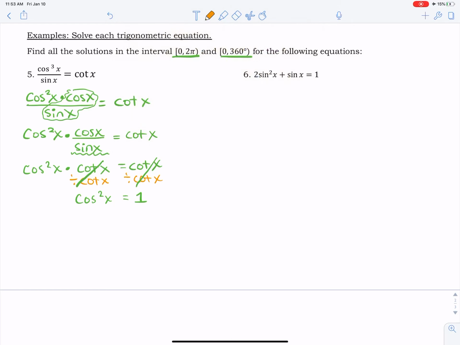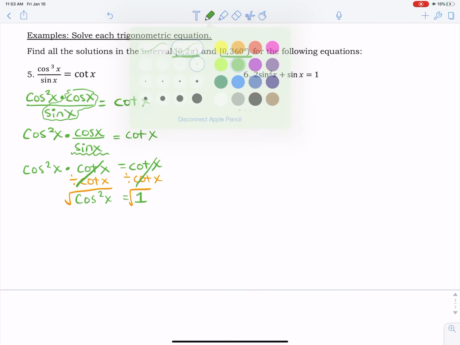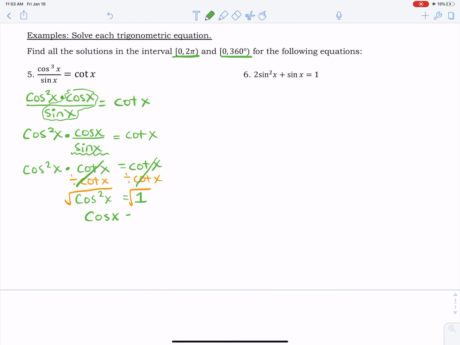All right, now let's get cosine by itself. Oh, square root both sides to get that cosine as a single cosine. So that's cosine x equals what? Square root of 1. Don't forget, plus or minus always attaches with square roots. And now you are thinking, okay, to solve it and keep going, x by itself, cosine inverse of plus or minus 1.